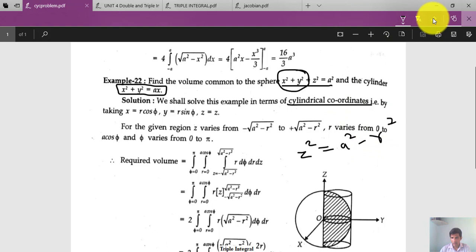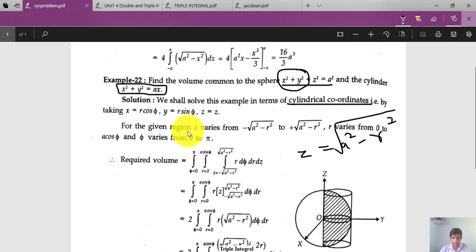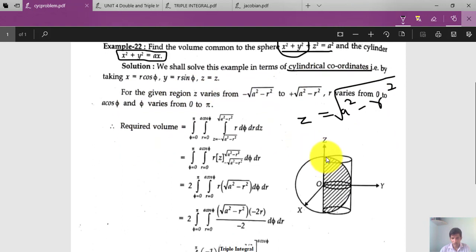Taking the square root, this turns out to be square root of a square minus r square. So what is happening to the value of z? From the given region, z varies from this region to this region, so it turns out to be plus or minus.